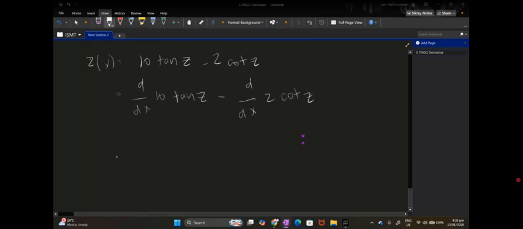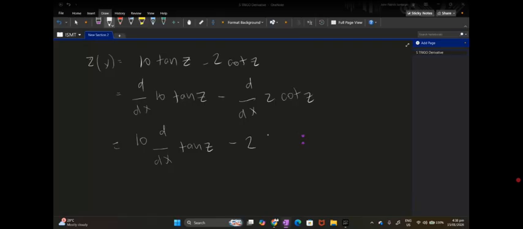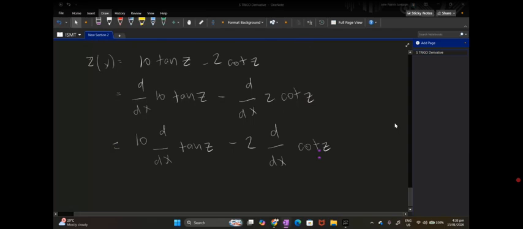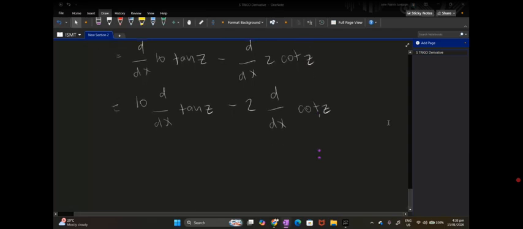So, it's gonna be 10 multiplied by the derivative of tangent z minus 2 multiplied by the derivative of cotangent z. Then after that, we can evaluate the derivative.